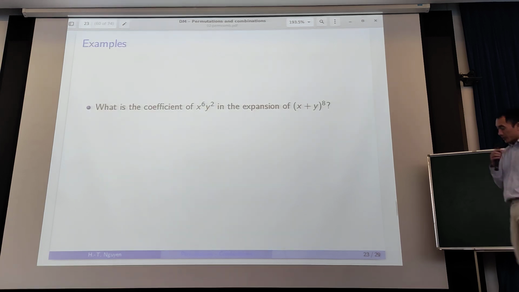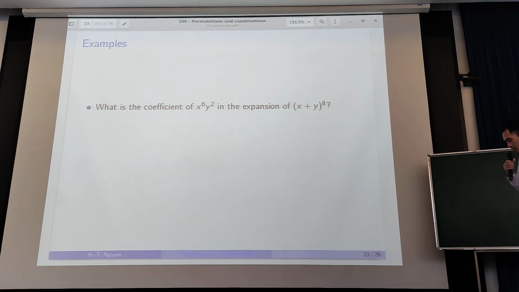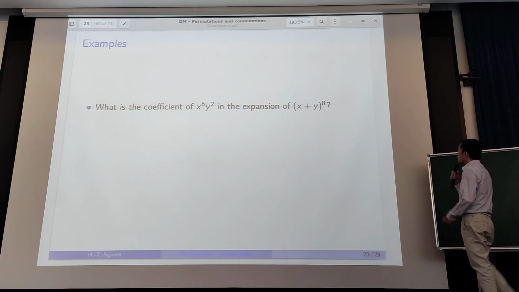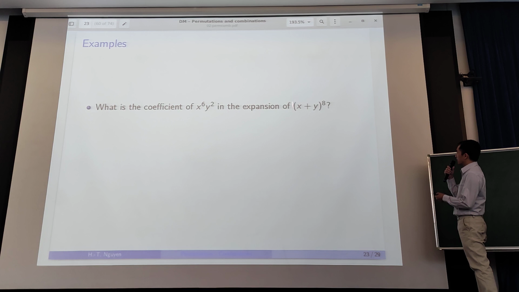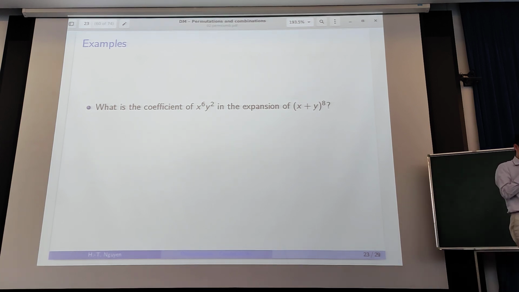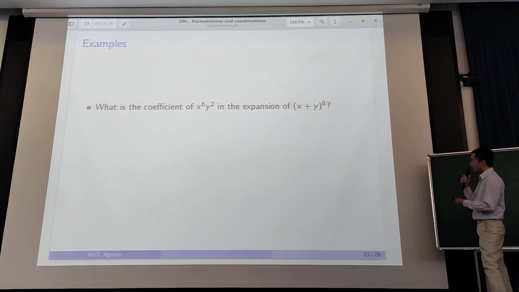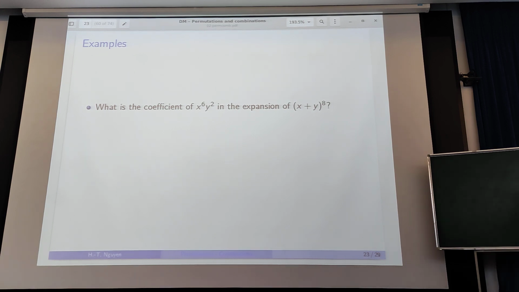Now, as practice, it's your turn. So I give you this product. Please use the formula to find the coefficient of the term x to the 6th and y squared in the expansion of this product.